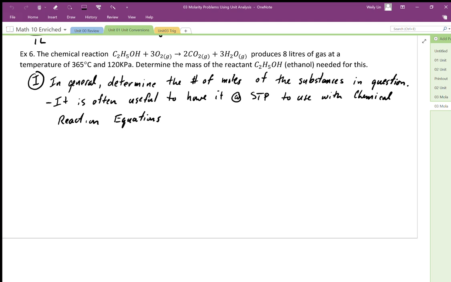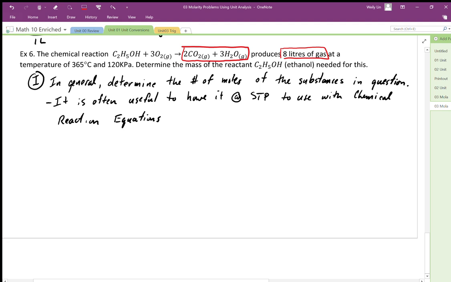Here the product quantity of moles is going to be the moles of CO2 and H2O. Okay, that's our product. And we should often do this at STP. So I've made a note here, it's often useful to have it in STP when we're dealing with these chemical reaction equations, when we're doing the stoichiometry.